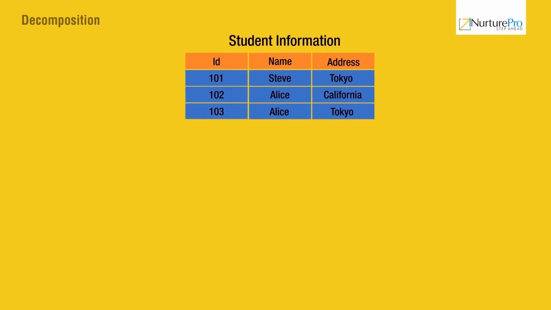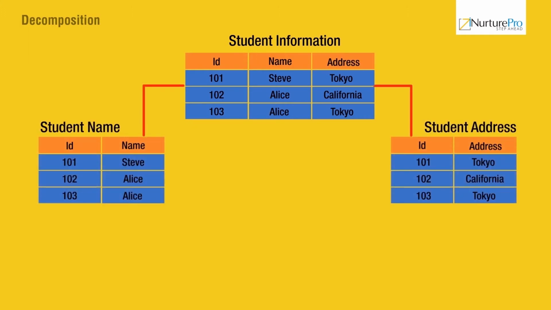Now let us look into an example of lossless decomposition. Consider a student information table which has 3 attributes: ID, name, and address. When the student information table is decomposed, it gives us 2 tables, that is, student name and student address table, as shown on screen. The student name table has attributes ID and name, and the student address table has attributes name and address.